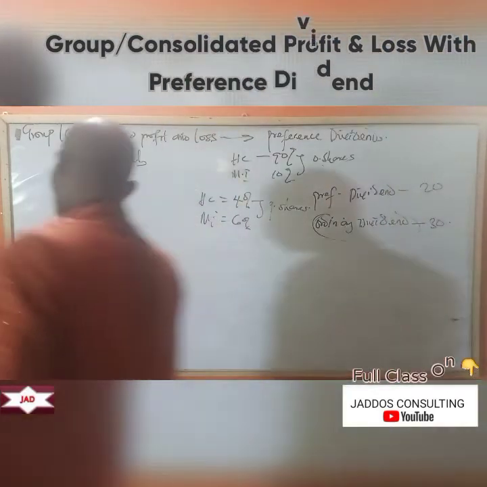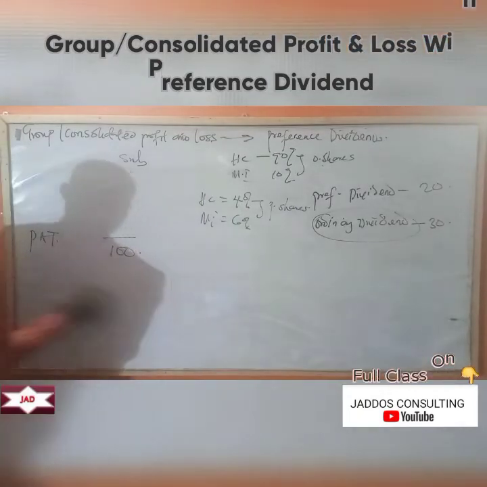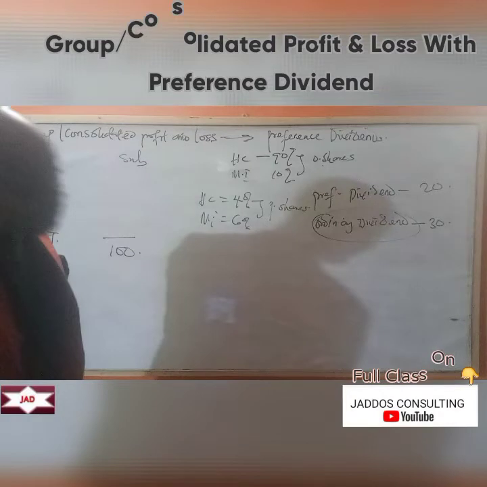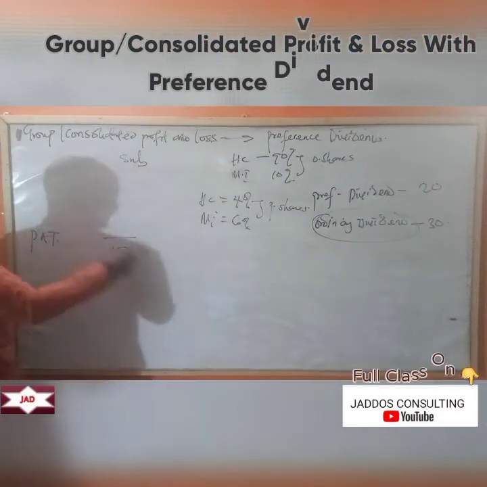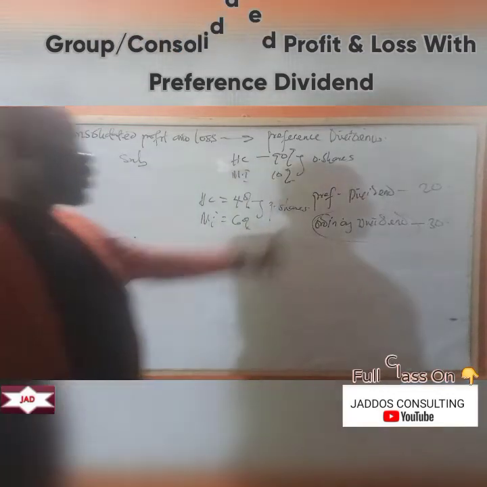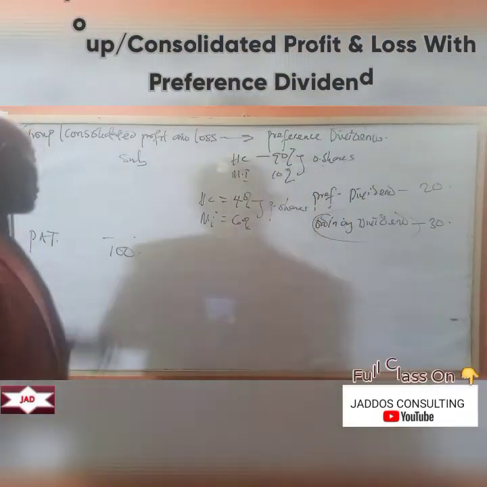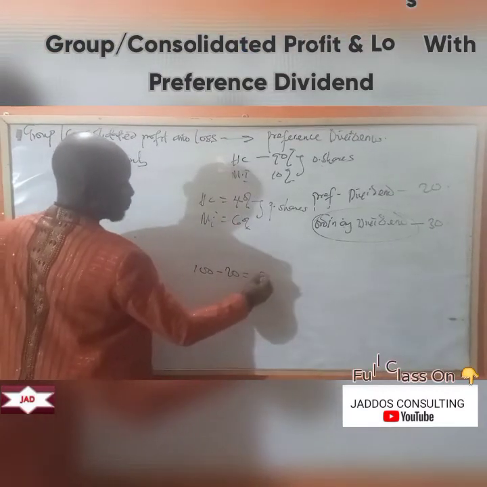Of course, we all understand already that preference shareholders are usually paid dividend before the ordinary shareholders. So first thing first, we must take out the preference dividend of the preference shareholders from the profit after tax. When we do 100 minus 20, we have 80.